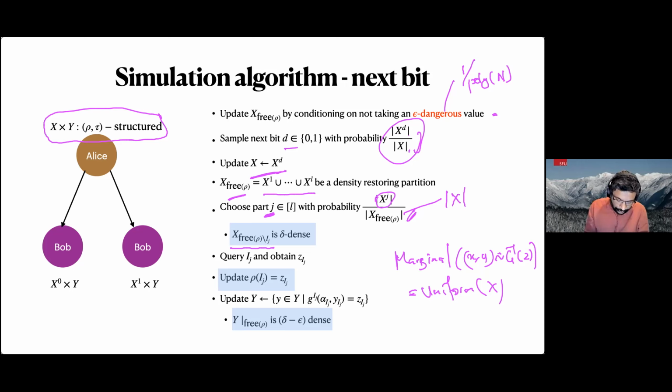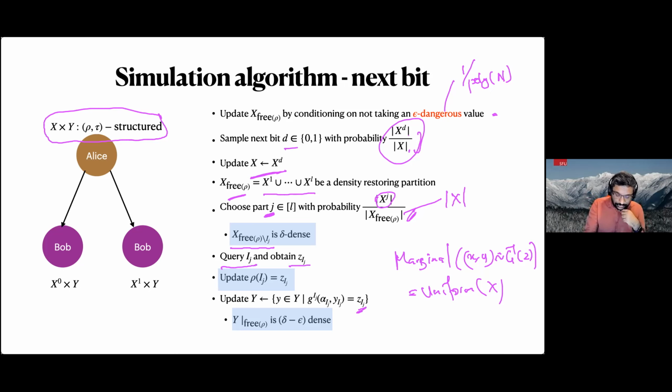Right? So what we do is we query Ij. We query Ij and we obtain Zj, and we update row of Ij to be Zj. We want to say that we have queried the coordinates Ij and we got the Zj. And then we want our y's to be consistent with the query answer. So we update y by the standard thing.